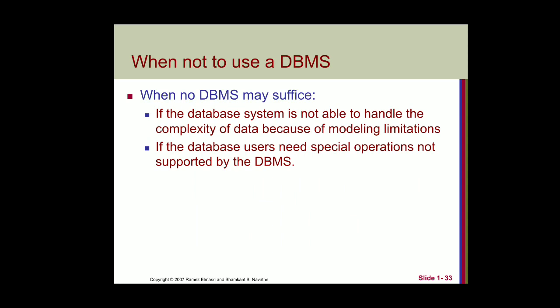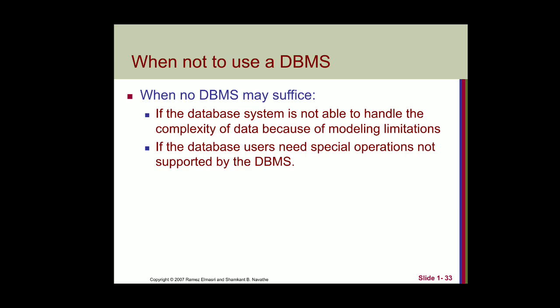Then, when no DBMS may suffice, without a DBMS also we can handle the scenario. Which scenario is this? If the database system is not able to handle the complexity of data because of modeling limitations. If my data is so complex that it is not handled by a database management system, then we should not make use of DBMS.